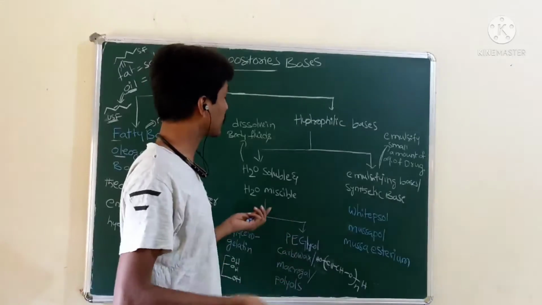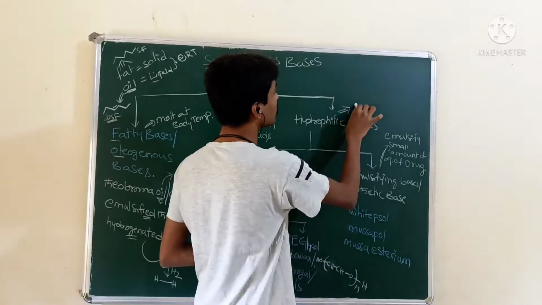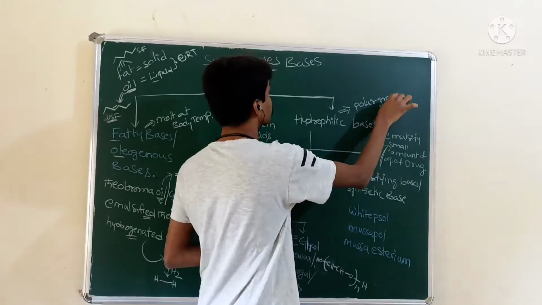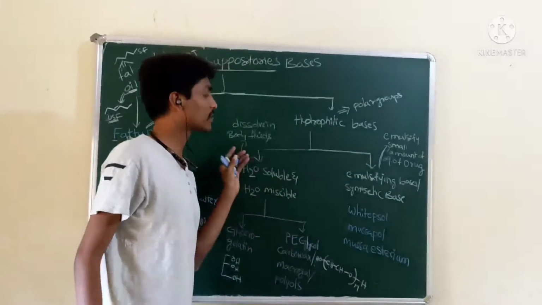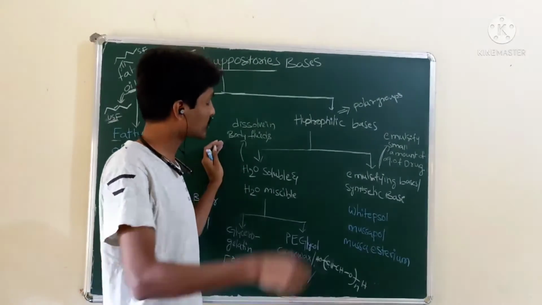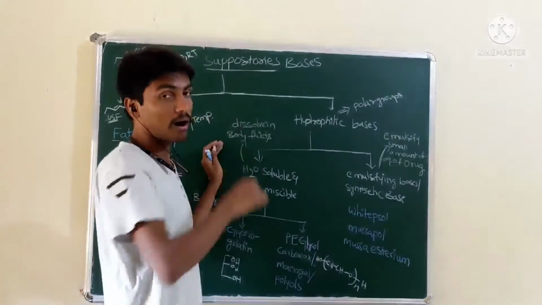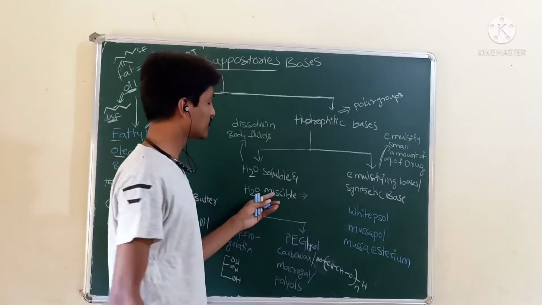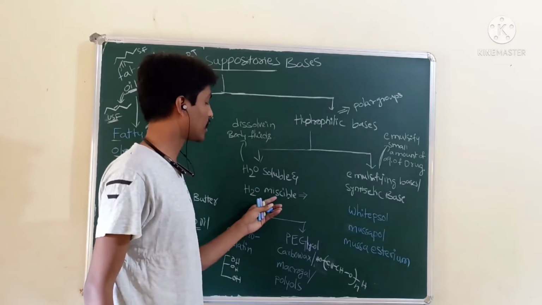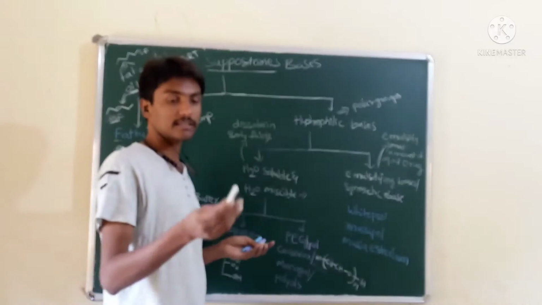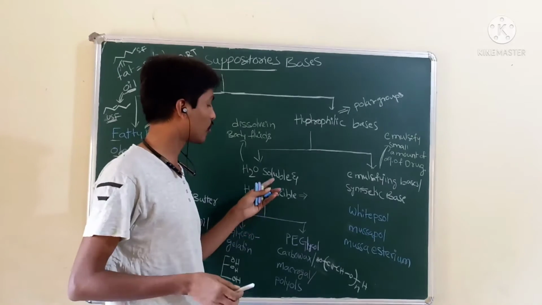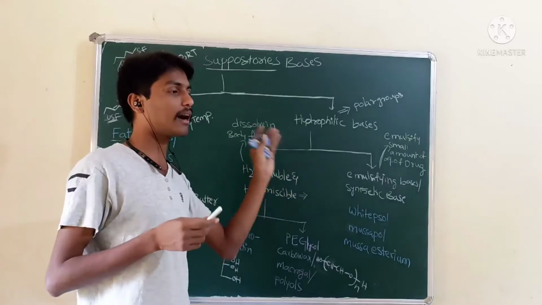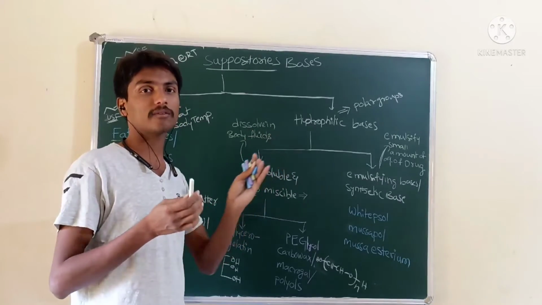Hydrophilic bases contain polar groups, hence they are soluble or miscible in water. Miscible means a component that will mix one component with another component, like a surfactant, which will mix oil and water phases.